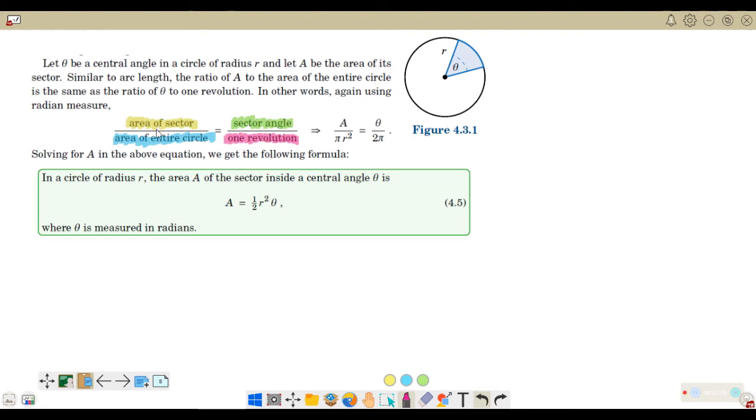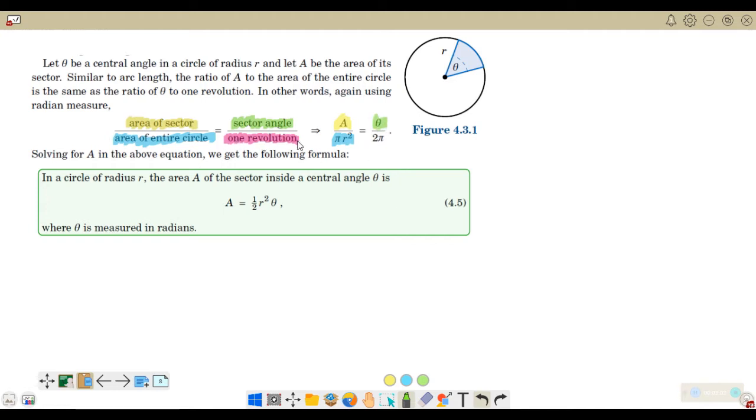Now, let's put this into symbols. Ang area of a sector will be denoted by the letter A. The area of the entire circle, we are familiar with the formula. We have pi r squared. Ano ang measurement ng central angle? Ang measurement ng central angle ay theta.